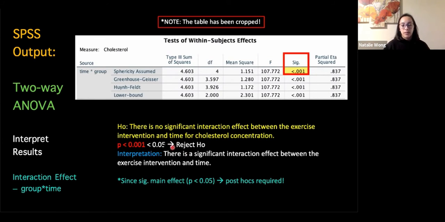Since we have a p-value less than 0.05, we reject that null hypothesis and we say there is a significant interaction effect between the exercise intervention and time. Because we have another significant effect, we would need to look at both sets of pairwise comparisons for our interaction effect.